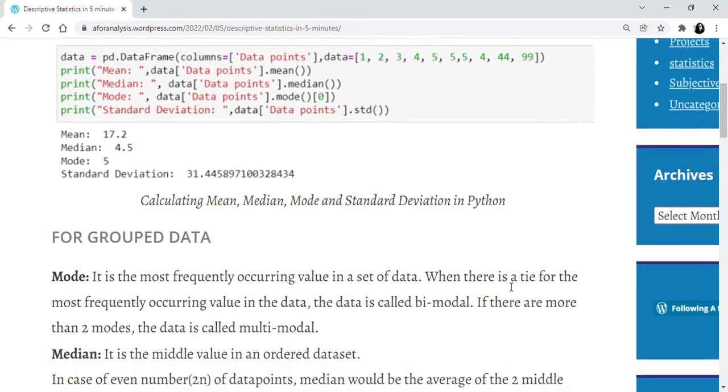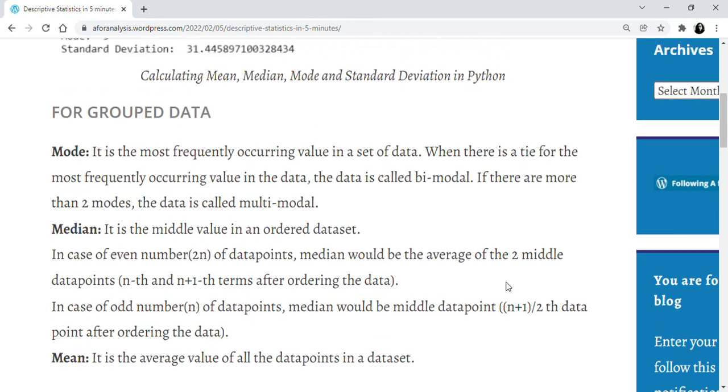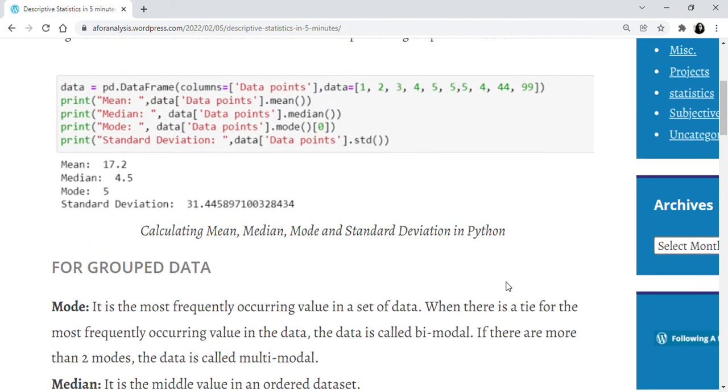Next we have median, which is the middle value in an ordered data set. Now if you look at this, this is not ordered, so you order it and then look at the center.